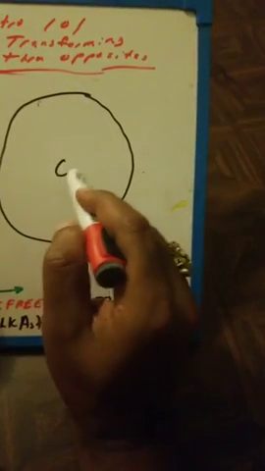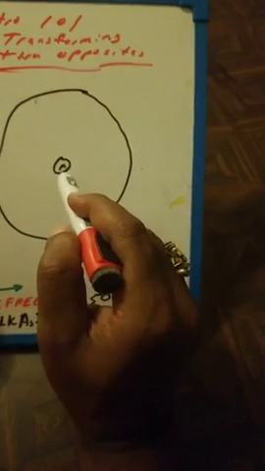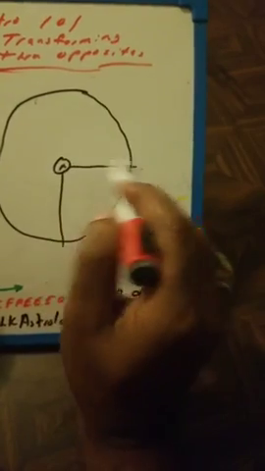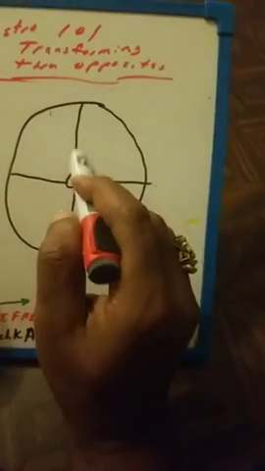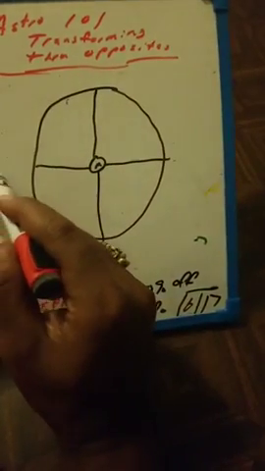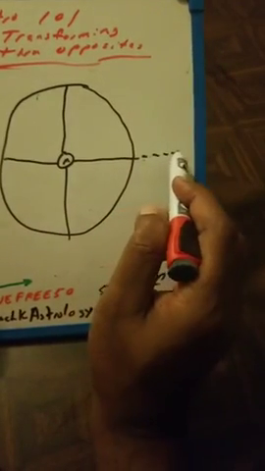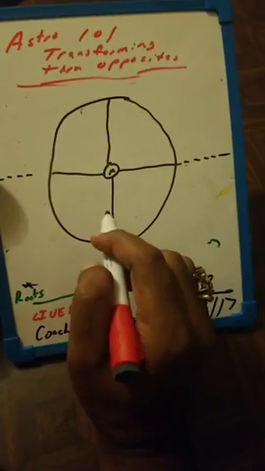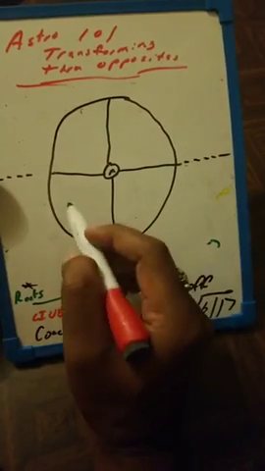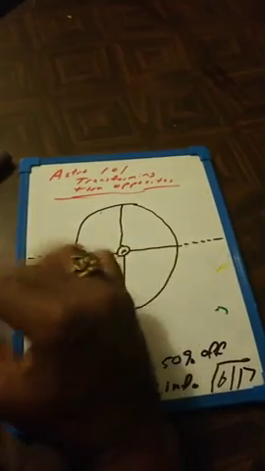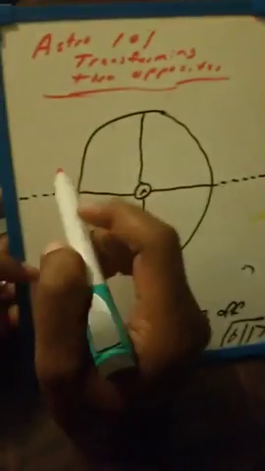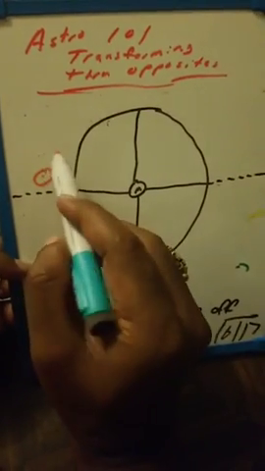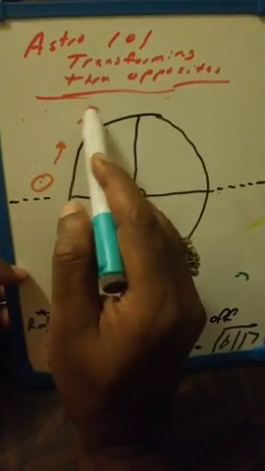I can do a smaller circle right here. This right here is the horizon. When the sun is making its journey, the sun is traveling in this direction.